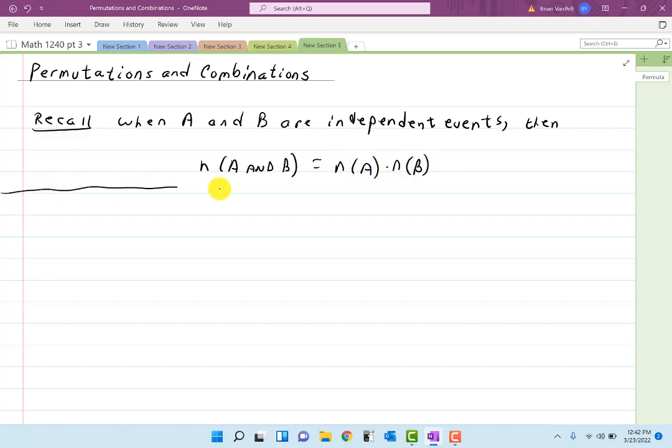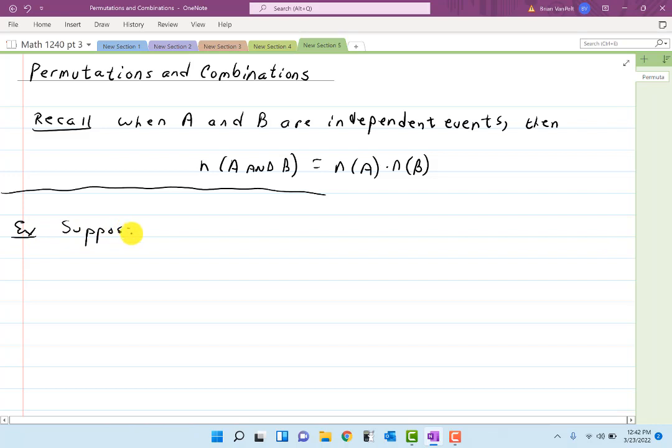As an example, suppose a room has 3 ways in and 2 ways out.